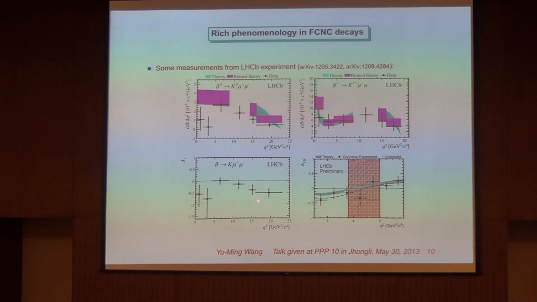And this plot shows the isospin asymmetry of B to K mu mu, which remarkably is very large at small q squared and also suffers from large uncertainties. The last plot shows the forward-backward asymmetry of B to K star plus mu minus. This is also the first measurement of the zero crossing point of the forward-backward asymmetry for this mode. It is 4.9 plus minus 0.9 GeV squared.